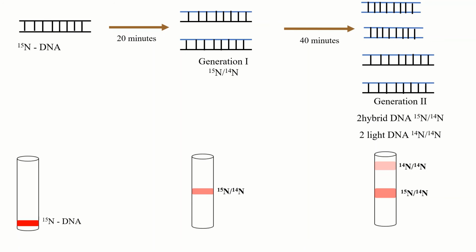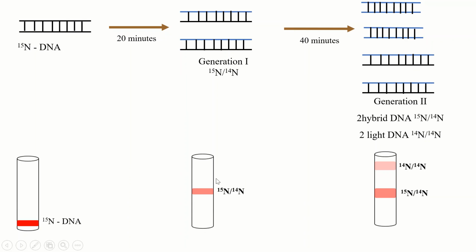Now this is in the form of a diagram, that N15 DNA were transferred to N14, and after the first generation, that is 20 minutes, it was observed that the first generation has hybrid DNA having intermediate density. So we can see that heavy nitrogen DNA is present at the bottom of the density gradient. Within this test tube, the density gradient present is cesium chloride.